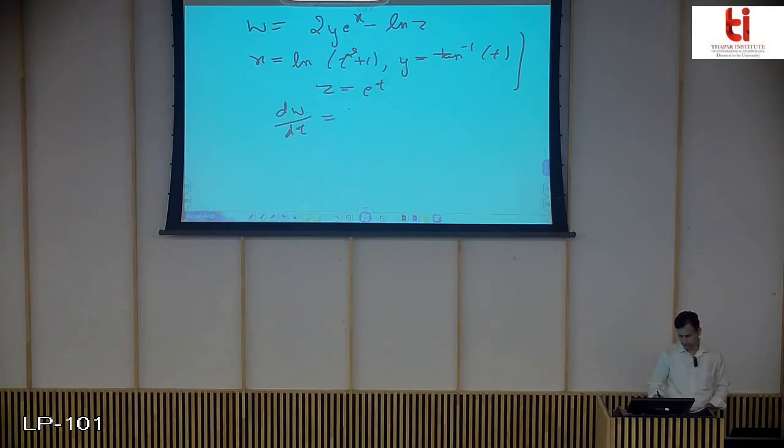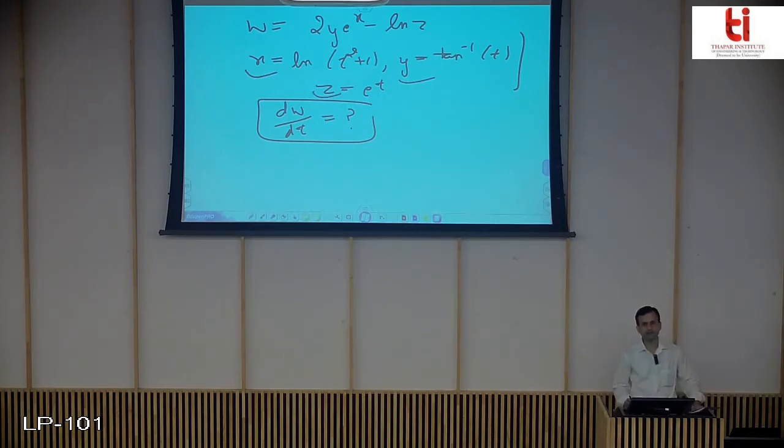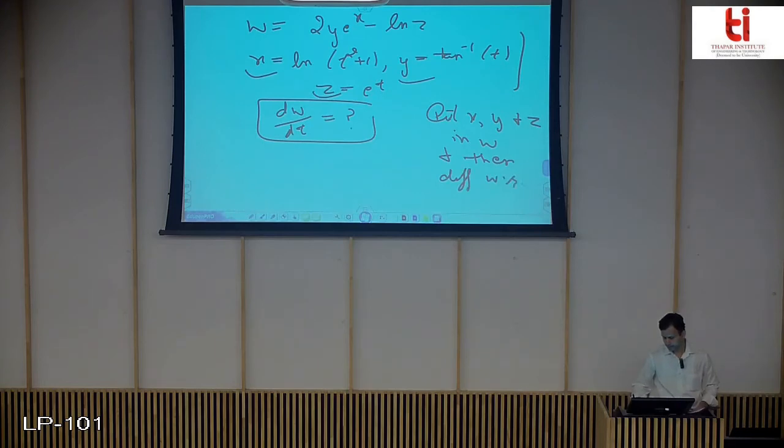So one thing that must be coming to your mind is that we can put x, y and z back in w, and then differentiate w with respect to t to get dw by dt.